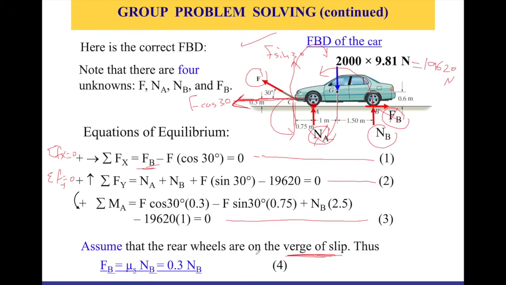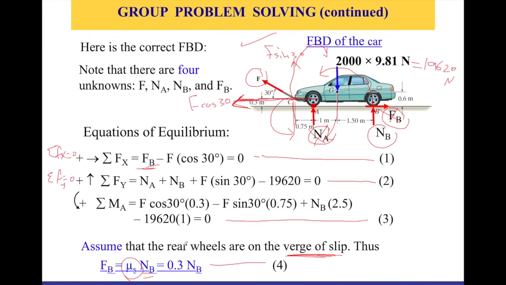So thus FB, the friction force, which is a static friction force, equals mu(s), the coefficient of static friction, times NB, the normal force going up. So this is my fourth equation. 0.3 is my mu(s), given from the question before. So I have now four equations with four unknowns that I can solve.